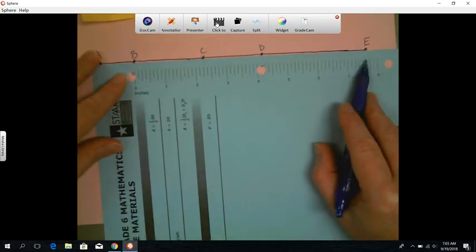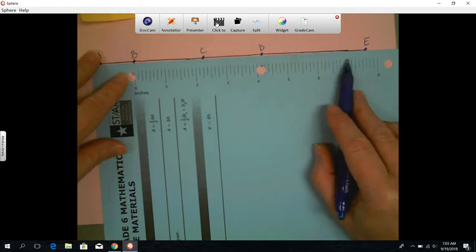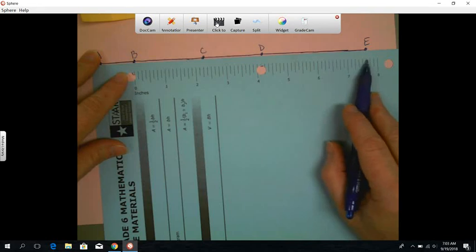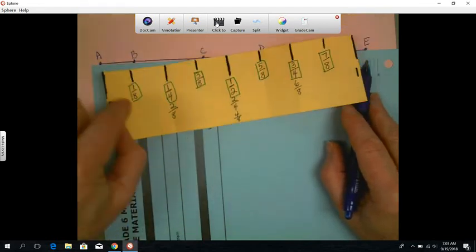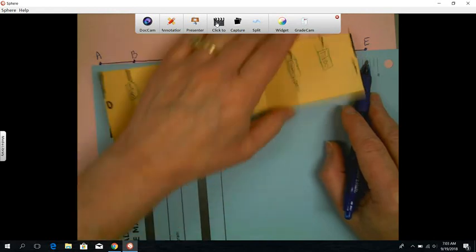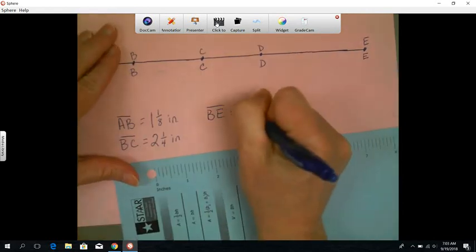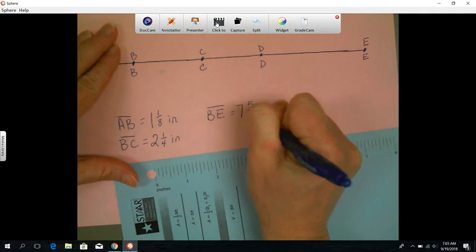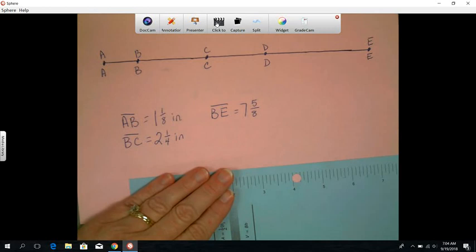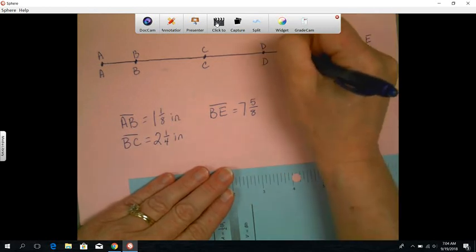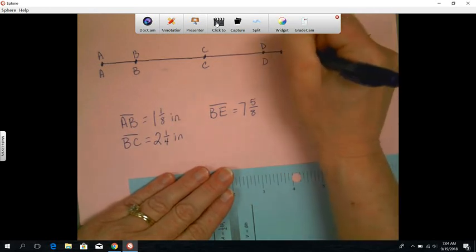Whoops, let me show you there. 5 more sections, so we would have 7, and then 5 sections would be 5/8, because I'd go over those 5. 1, 2, 3, 4, 5. So 7 5/8. I'm actually going to add one more little one here. I'm going to add one right here for F.